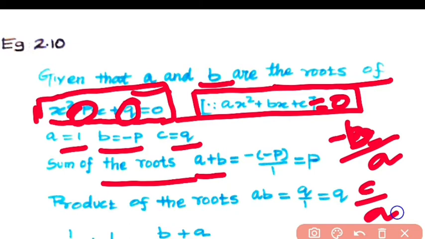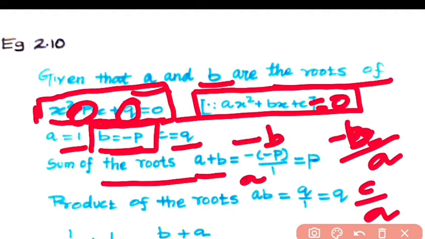So here, minus of minus p by the a value 1. This is minus b by a. So minus of minus p by 1, minus into minus is plus. So the value is p by 1. Therefore a plus b equal to p.